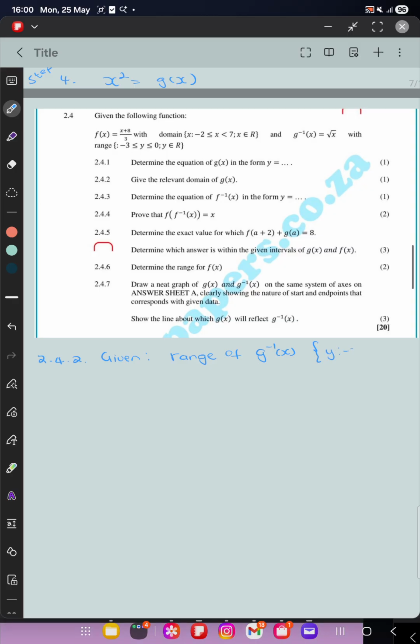y is an element between -3 and 0, y element of all real numbers. What am I to find? I am to find the domain of g of x.